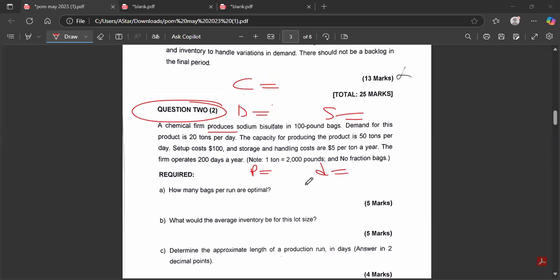What are the answers? What is the D? Can you find the D? The D is 4,000, right? Why is it 4,000?